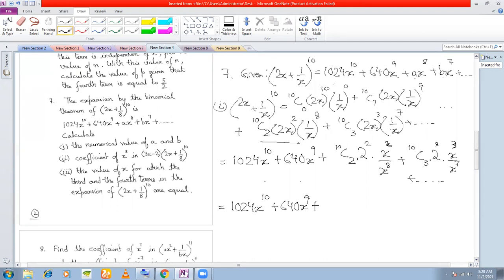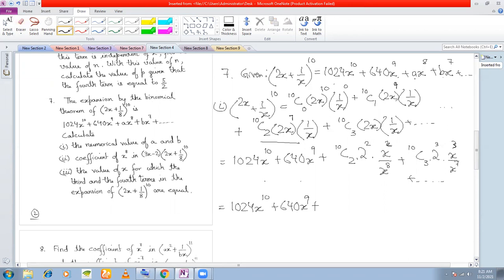It has come in the denominator. No, I have made a mistake while writing, and this should be 2x to the power of, these powers are wrong. Okay, see where the power should be descending. First power of 2x is 10. Next power should be 9.